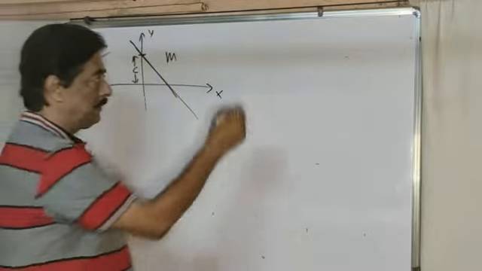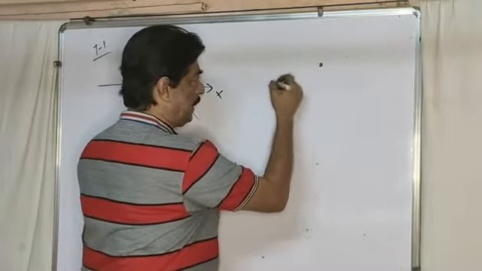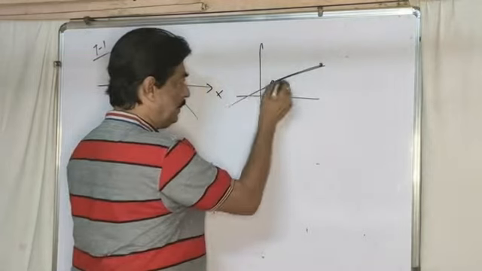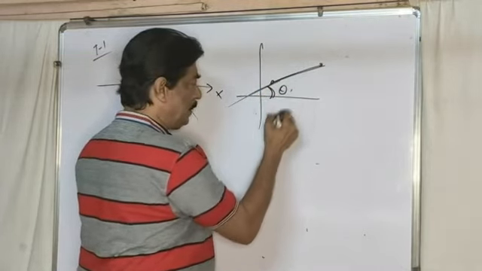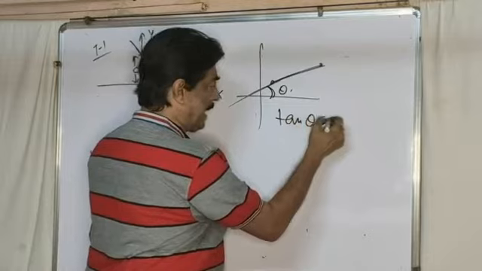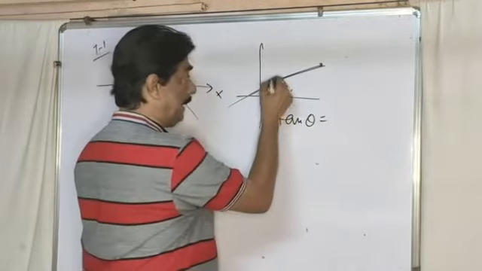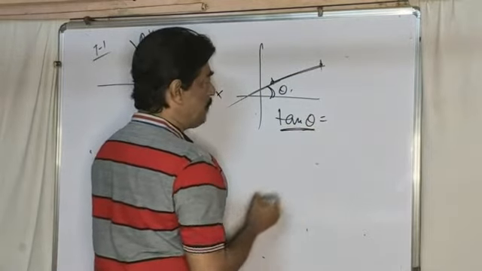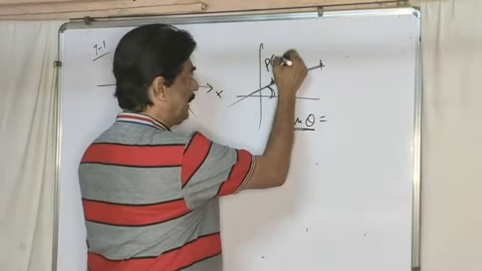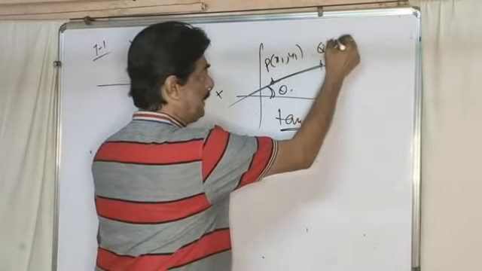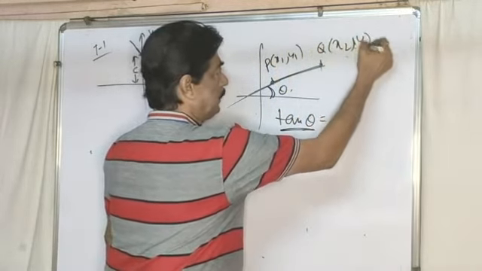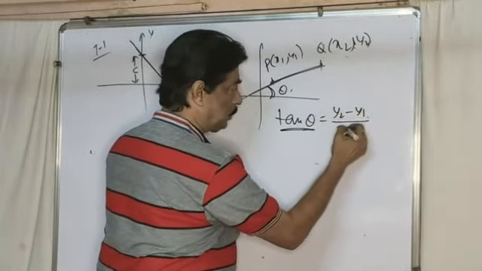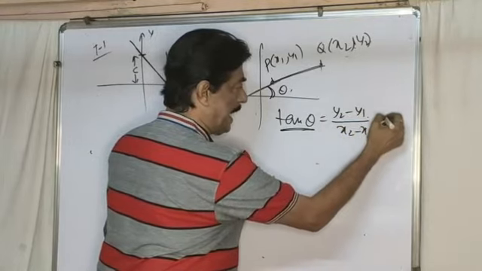Now, what is the gradient? We know this point and this point; if I join, this line makes some angle theta with the positive side of the x-axis. So tan of that theta is called the gradient, not slope. Slope is the angle. So theta is the slope and gradient is tan theta. If P is (x1, y1) and Q is (x2, y2), then tan theta is measured as y2 minus y1 by x2 minus x1, which is noted as m.